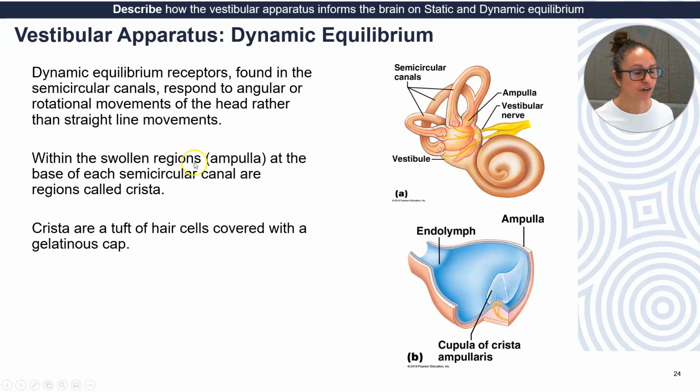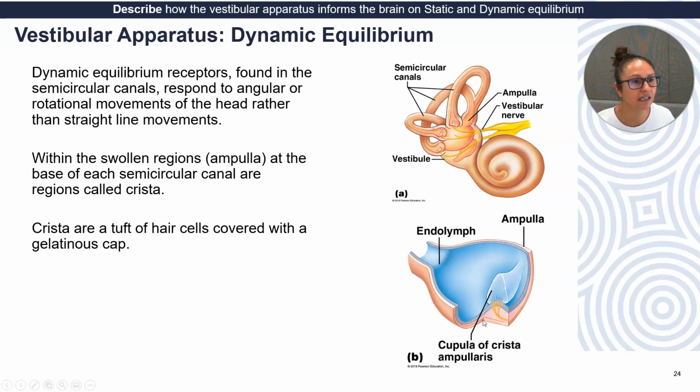We have three, at the base of each semicircular canal. Inside the swollen bit, we have this little organ, and that is going to move in response to your rotational movements.